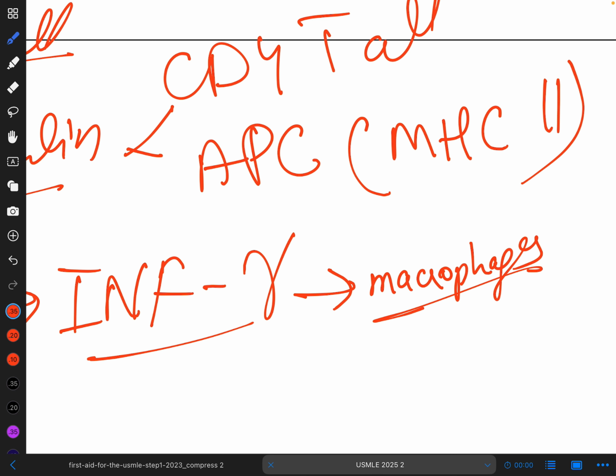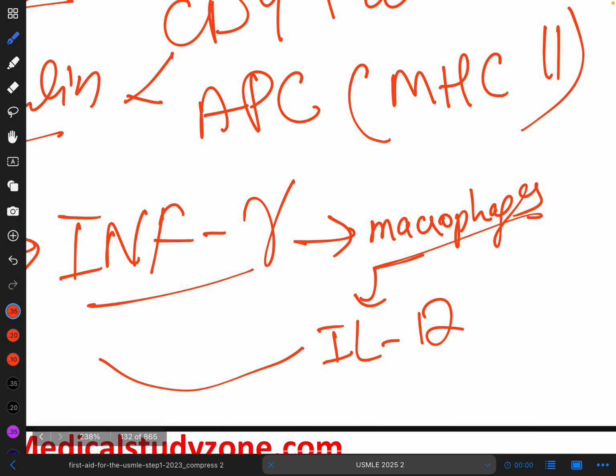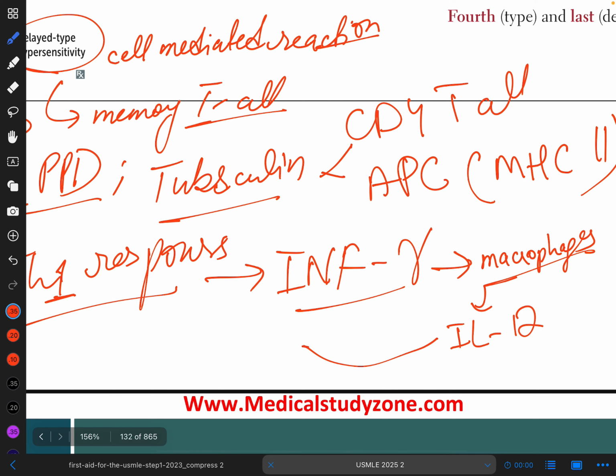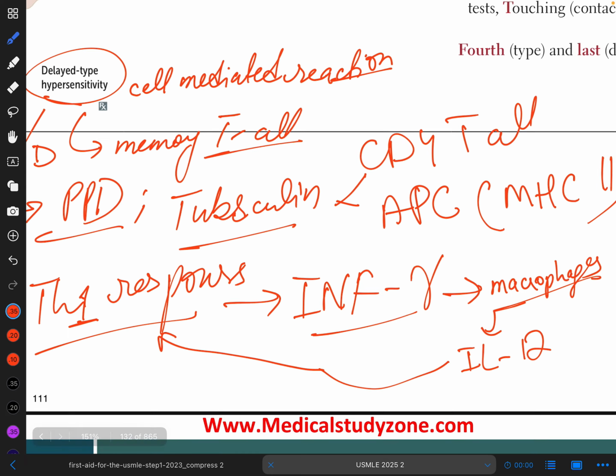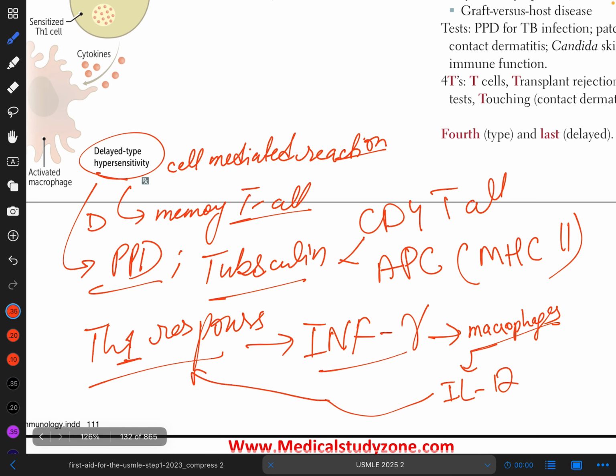After that, interleukin 12 from the macrophages stimulates the helper cell 1 response, and that will result in redness and induration 24 to 72 hours after injecting tuberculin. And how does it happen?